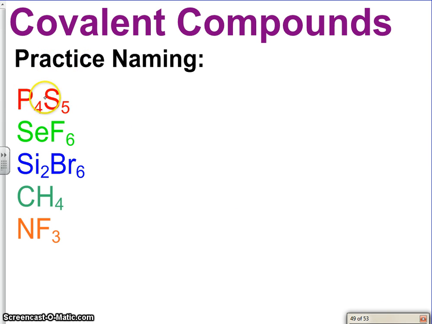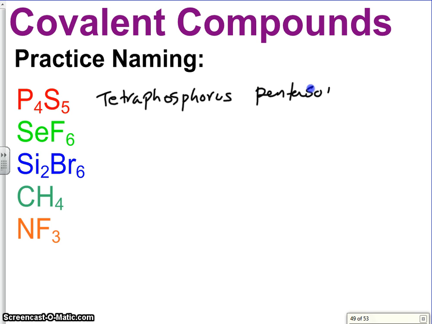Okay, so let's try some of these. We have P4S5. 4 is tetra. So we say tetra. We do not change the ending of the first one, so just phosphorus. Okay. 5 is penta. Sulfur becomes sulfide. Okay, so tetraphosphorus pentasulfide. Yeah, they sound a little bit weird, but that's how we name them. SeF6. Se is selenium. We do not need a prefix because it is the first element, and there's only one of them.